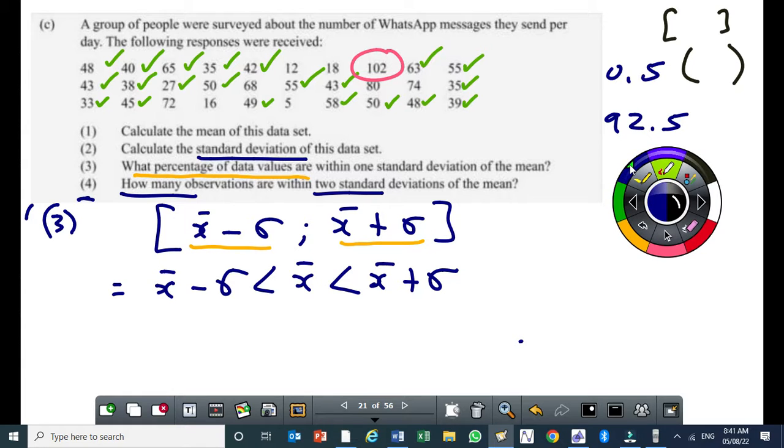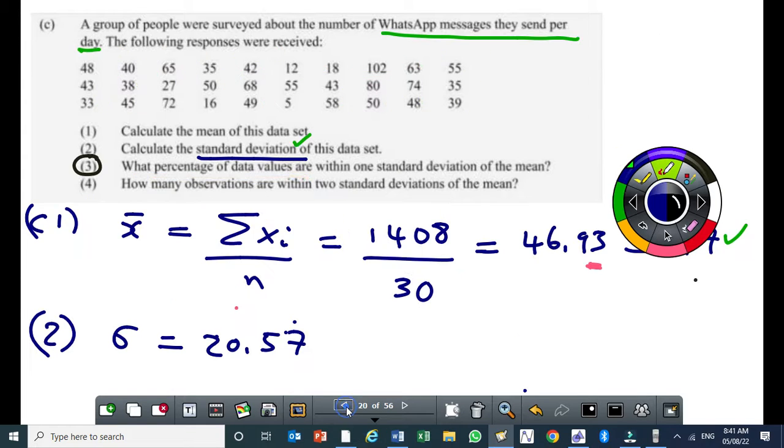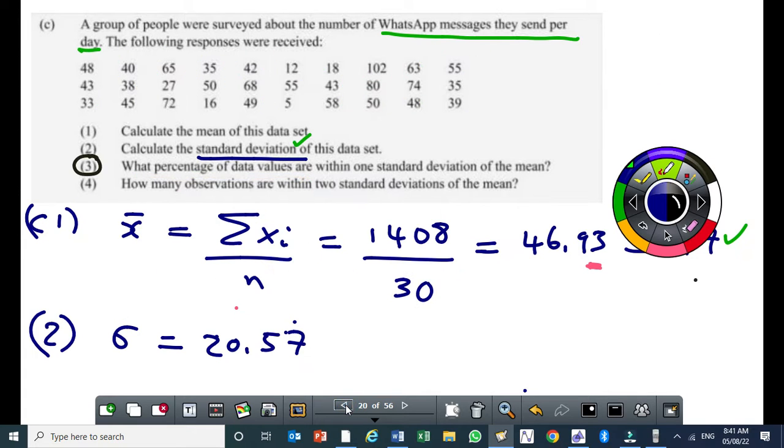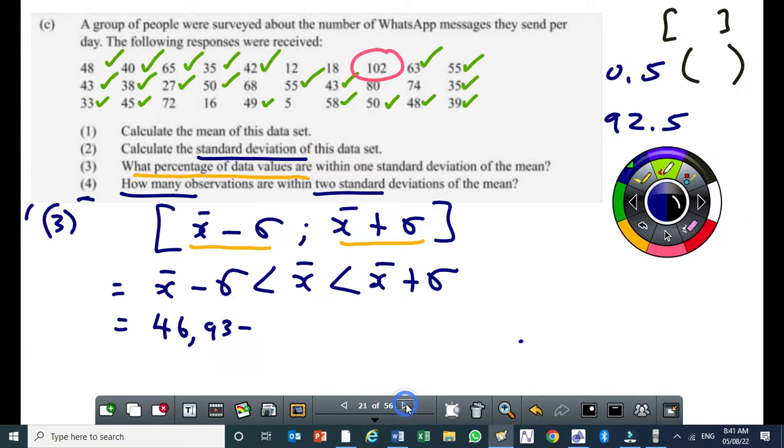Fortunately, we have got some values here. Remember, we determined our x bar. Allow me to use the one that we did not round off, it doesn't make a big difference. So I'll use 46,93. It will be 46,93 minus the standard deviation, which is 20,57, is less than x bar.